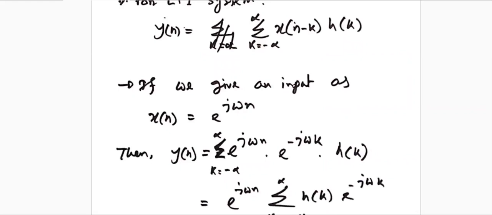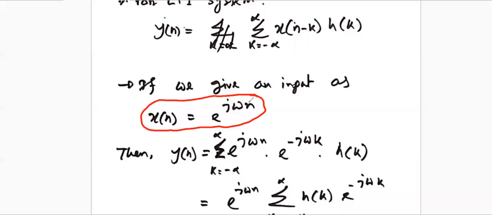If we take the input as x[n] equals e to the power j omega n, we just take it as an example. And this is very logical to take, because in x[n] you have the cosine signal, that means a sinusoidal signal with a particular frequency.